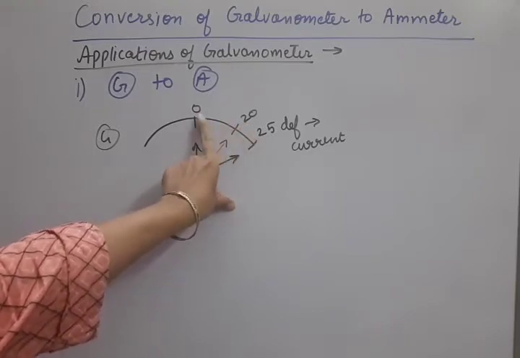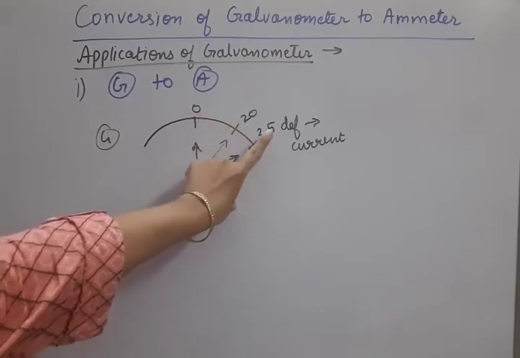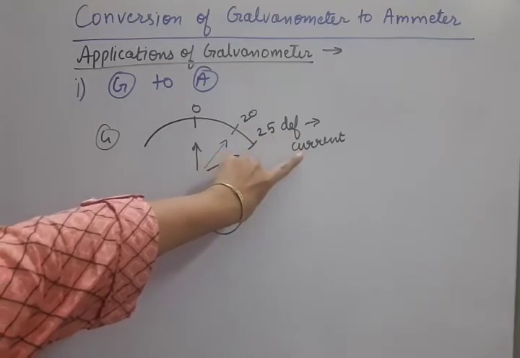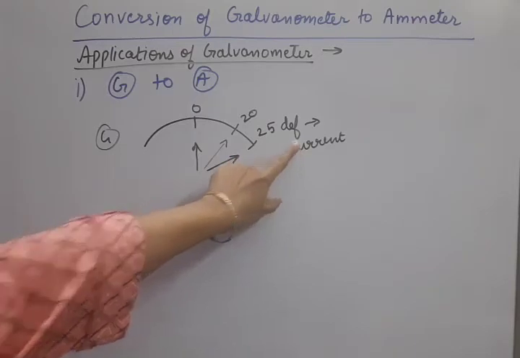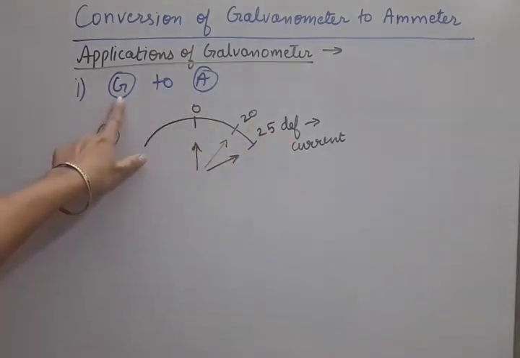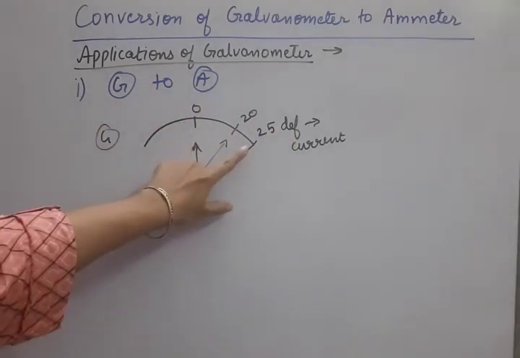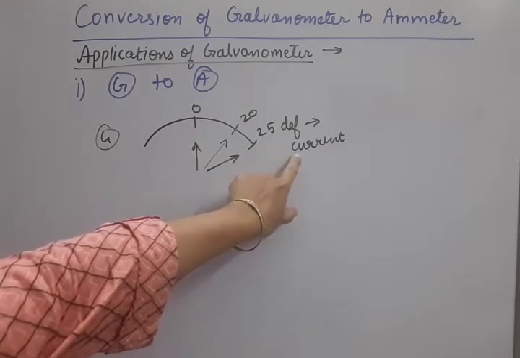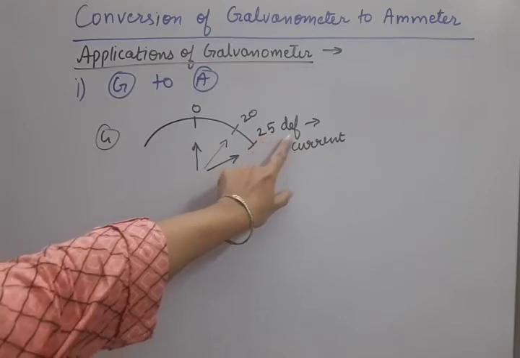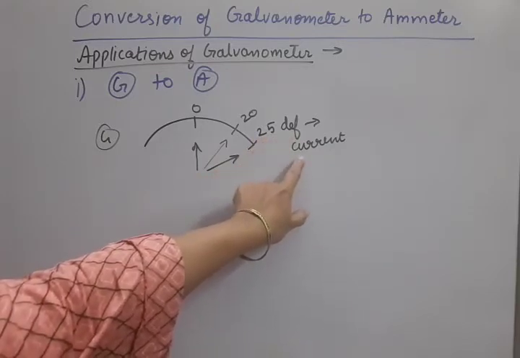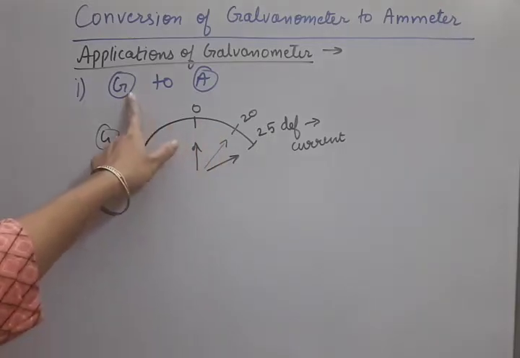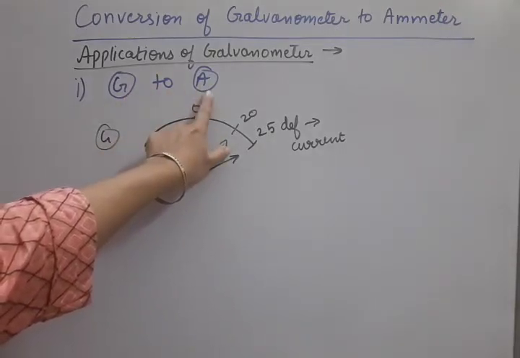So this way the scale of the galvanometer shows the deflection, but knowing the deflection we can always get the current value. So a galvanometer which is used to detect the current can also be used to measure the current. So the point is that galvanometer can be converted to ammeter.